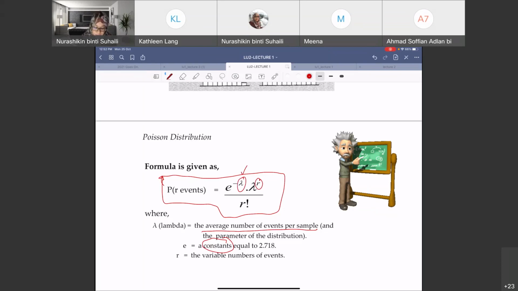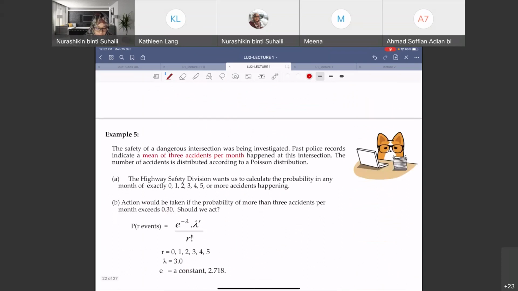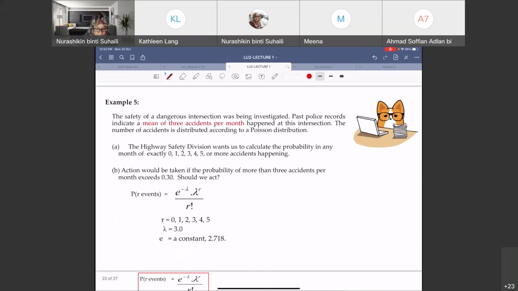Then it depends on the questions, the variable number of events. The only thing that you have to know here is the lambda, the average number. It doesn't have n because the nature of Poisson is for a big number of data, more than 20, so it's not concerned with n. Okay, let's have a look at an example directly.